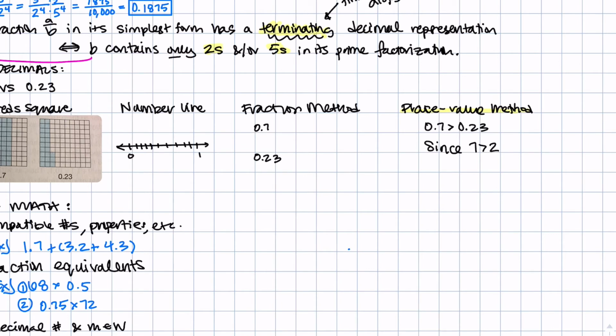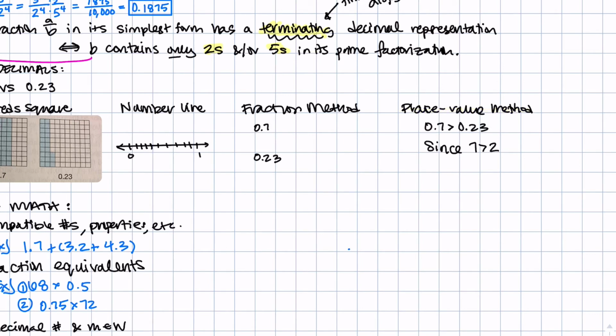Since the tenths place, which is my biggest place value, is larger, 7 is larger than 2 in that tenths place. And I can completely ignore the 3 in the hundredths place of 0.23. This is probably the most common way you would order two decimals.